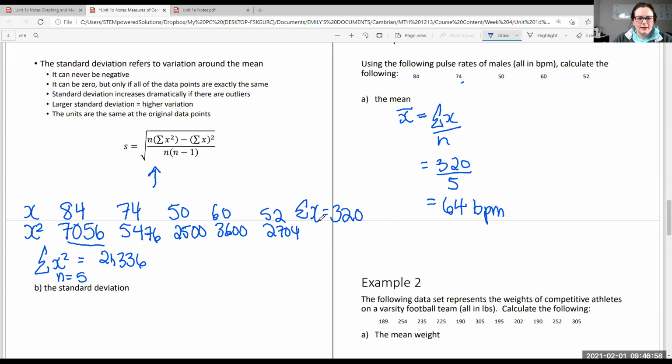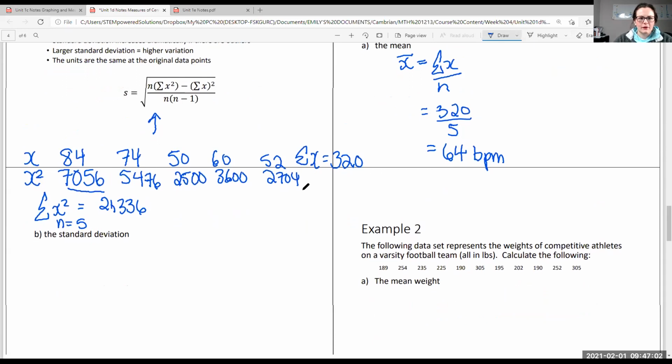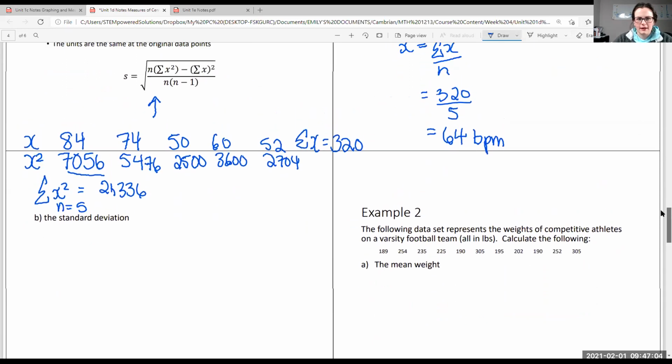So now I'm going to find the standard deviation with all the information I have. I just don't want to lose that formula. I really need that in order to do the calculation. So the standard deviation is equal to the square root of n. N is equal to 5, so I'm going to substitute n equals 5 into my formula.